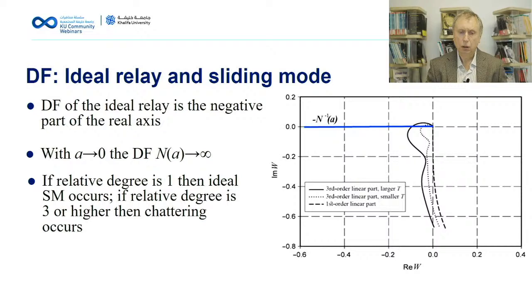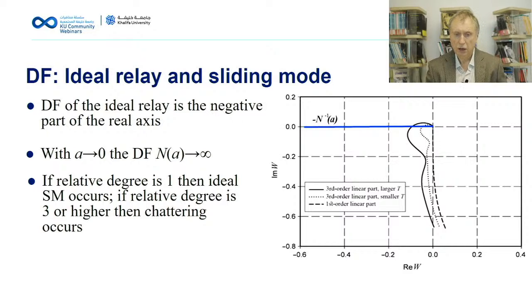So what would this solution look like for a sliding mode control system or a relay feedback system in a general case? The describing function of the relay was given on the previous slide, and this is only a real quantity; it doesn't have an imaginary part. As a result, the negative reciprocal of this is this blue line, which is drawn along the real axis in the complex plane. So this is the negative reciprocal of the describing function of the ideal relay.